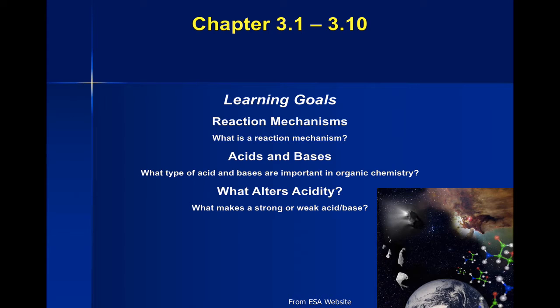We're going to expand the definition of base and acid in this class. Most of what you've been dealing with are proton donors and proton acceptors, more like the Arrhenius and the Bronsted-Lowry type theories. We're going to focus on the Lewis theories of acids and bases.